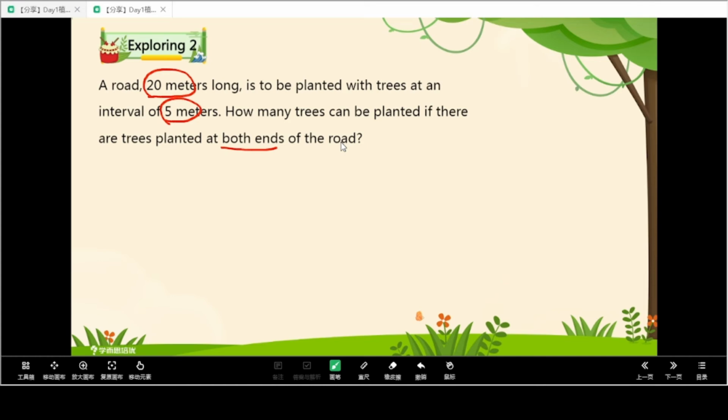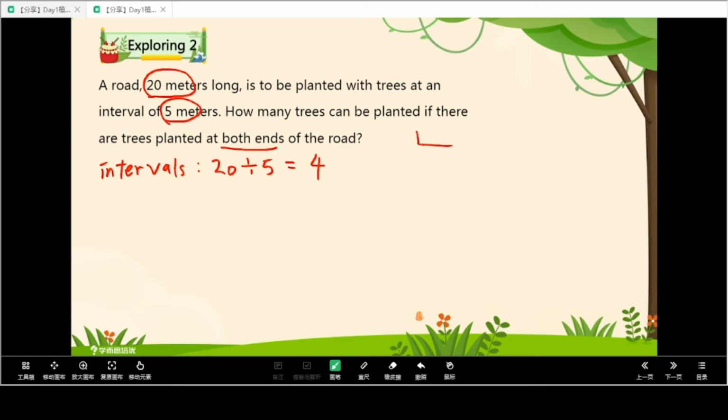So how many intervals are there? How can we calculate? 20 divided by 5 equals 4. Very good. And the second step, what do we need to do? Yes, we need to determine the type of question. Which type is it? It is talking about both ends.